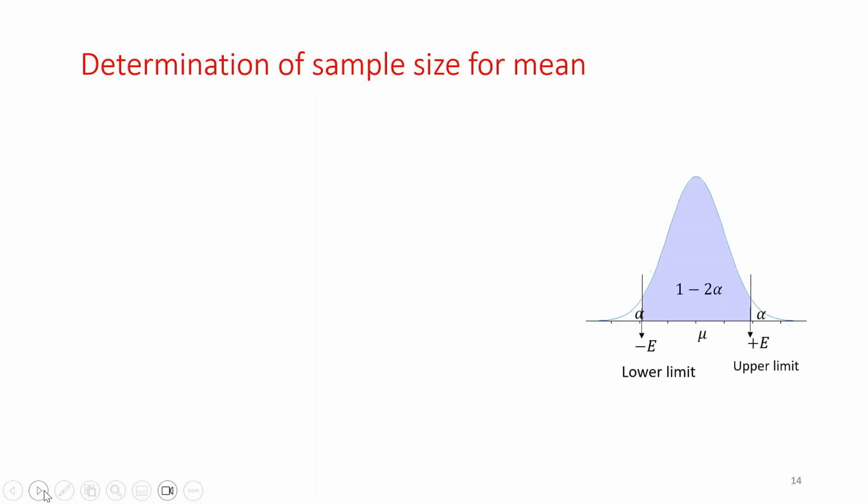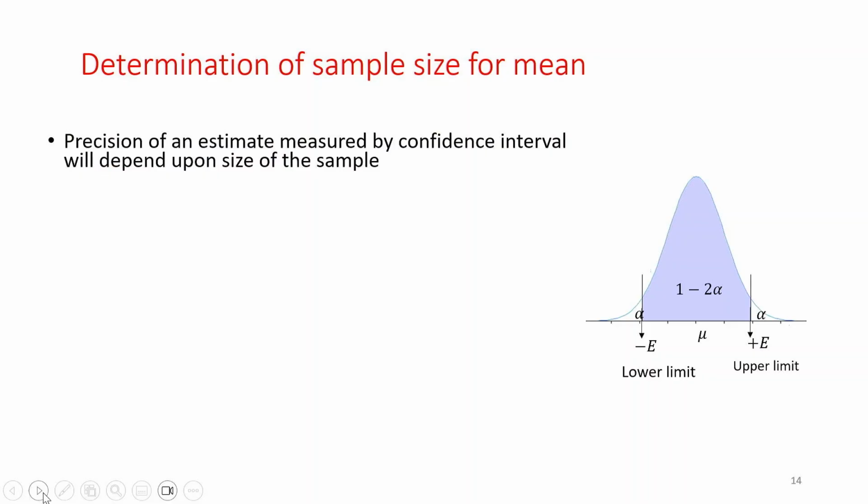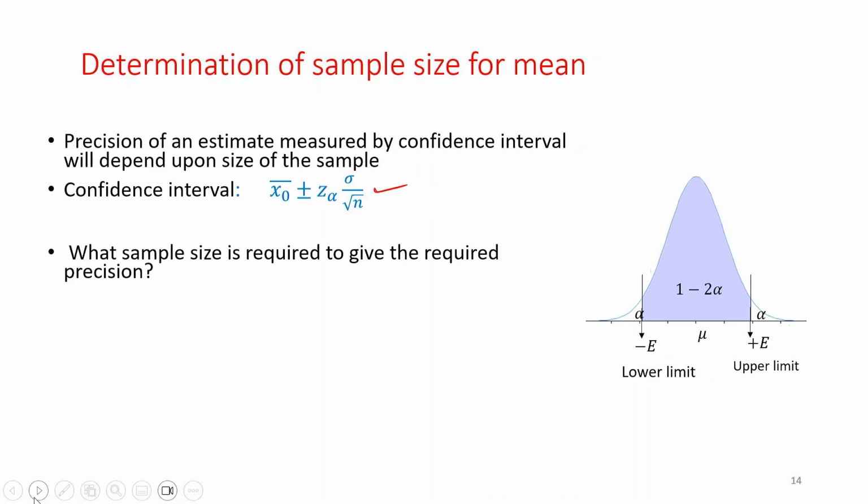How many data points should we have? The precision of an estimate is measured by the confidence interval, and that depends upon the size of the sample. We have seen the confidence interval; this is the formula that we use. What sample size is required to give the required precision?